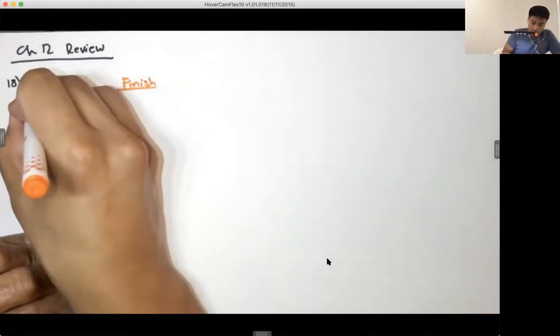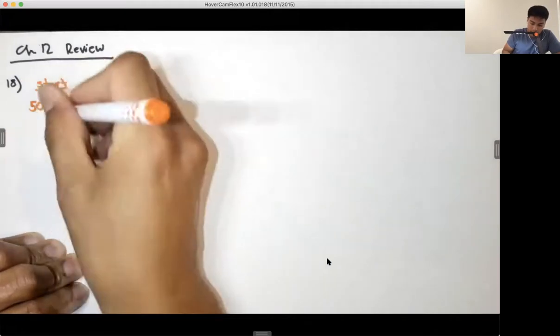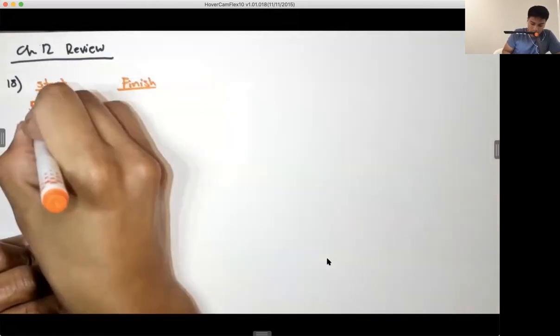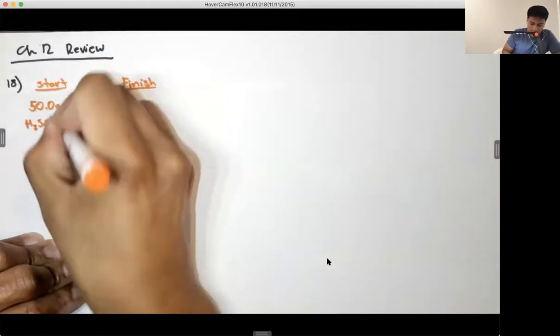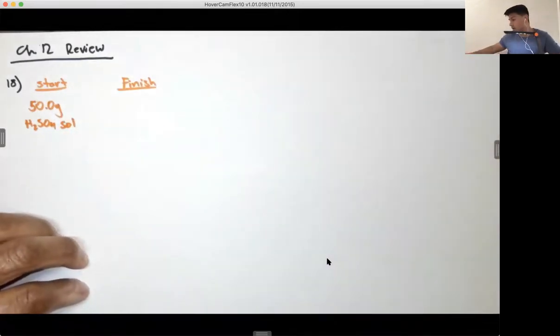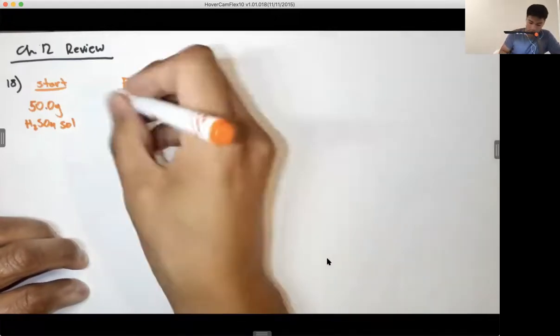So we have 50 grams of H2SO4 solution, okay? And you can add the molarity later on, but you want to know how many grams of H2SO4 are in it, okay?